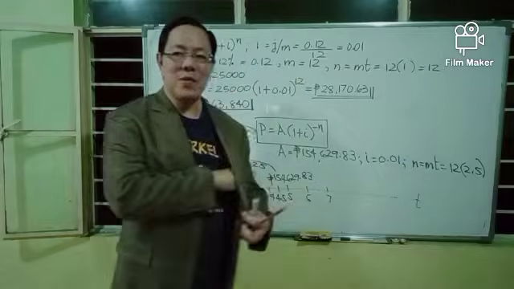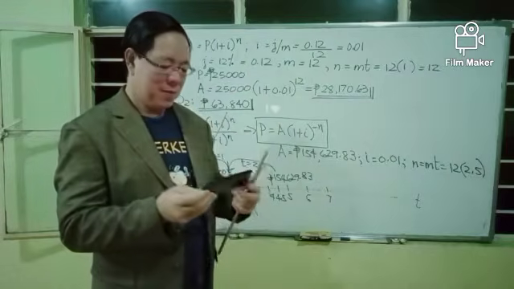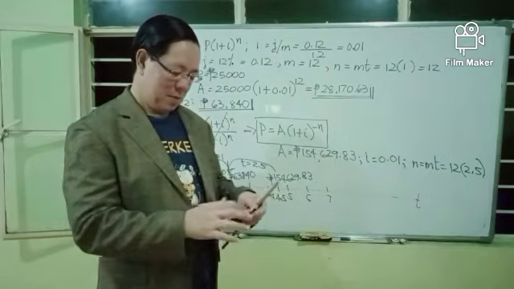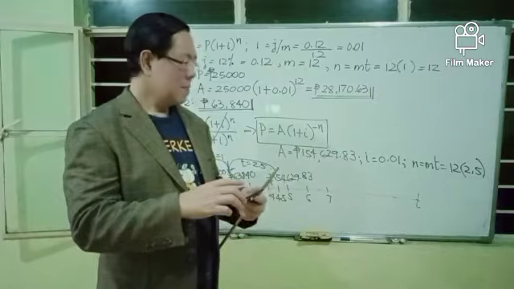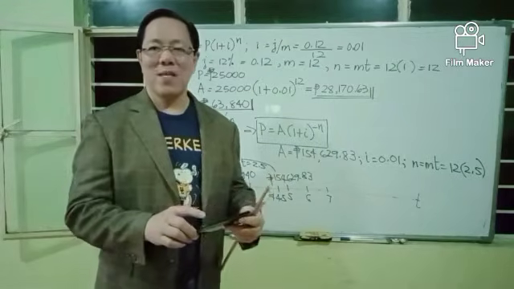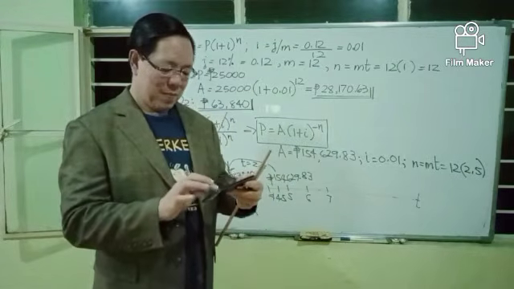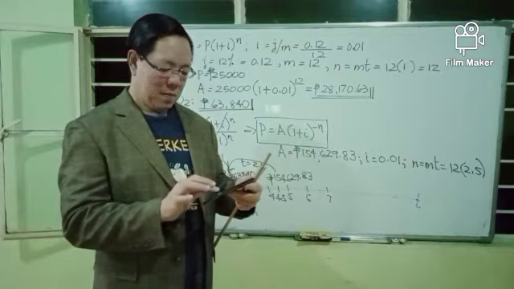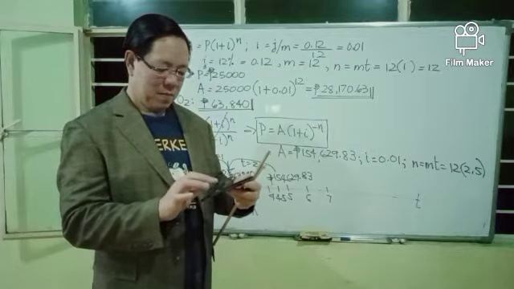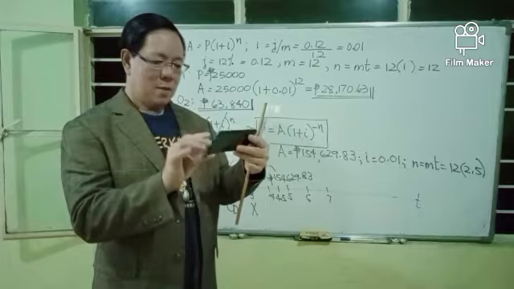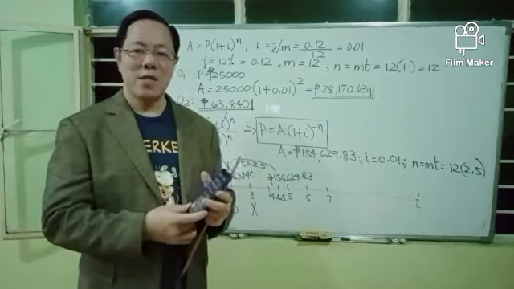And we compute that using our calculator. We have 12 multiplied by 2.5. And you should get 30.